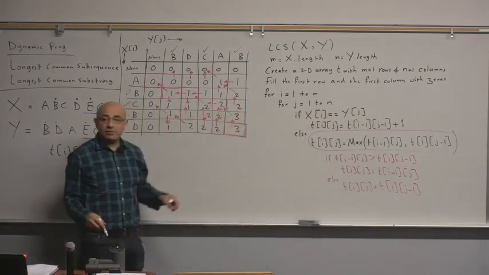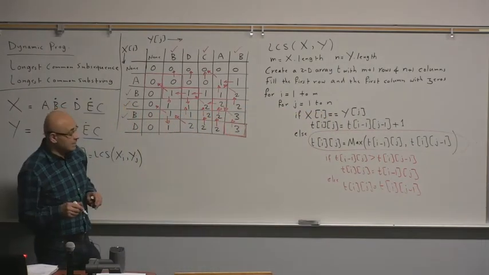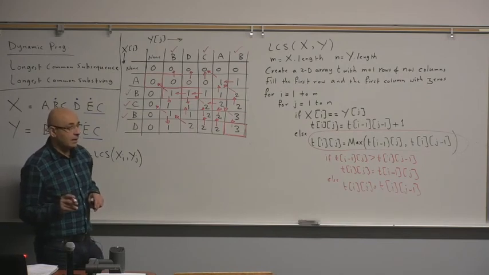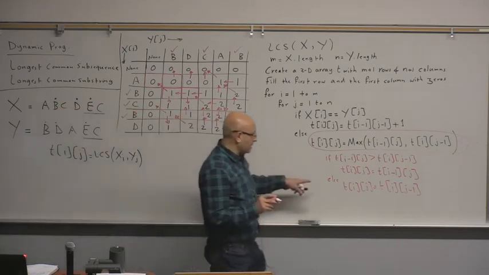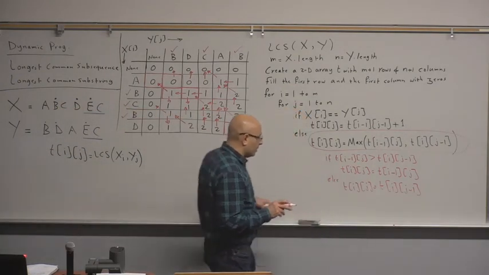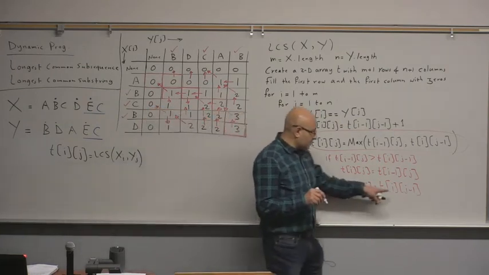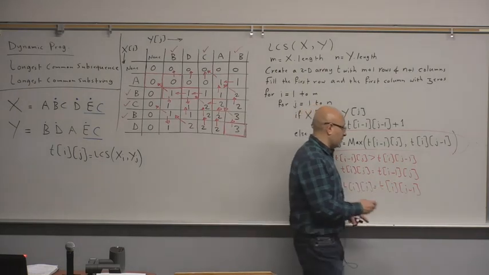Now, if we implement it like this, what will happen if they are equal? It will execute the else, and the else goes to the previous column. This is the same row, previous column.